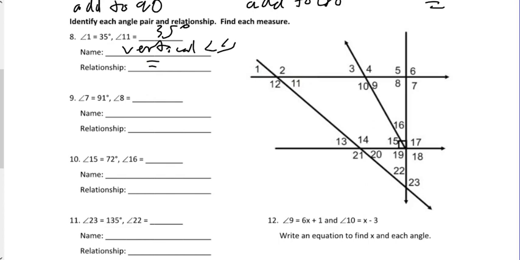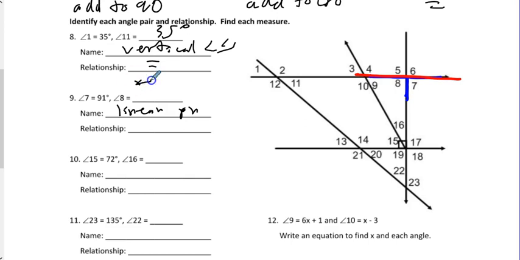Number 9, angle 7. Where's that? Angle 7 is right here. It looks like it's 90, but it's not. It's 91. And angle 8, right there. Well, what are those two? Those two are a linear pair. Okay? And remember, they add up to 180 because they form a straight line right here. So since they form a straight line, part plus part equals whole.